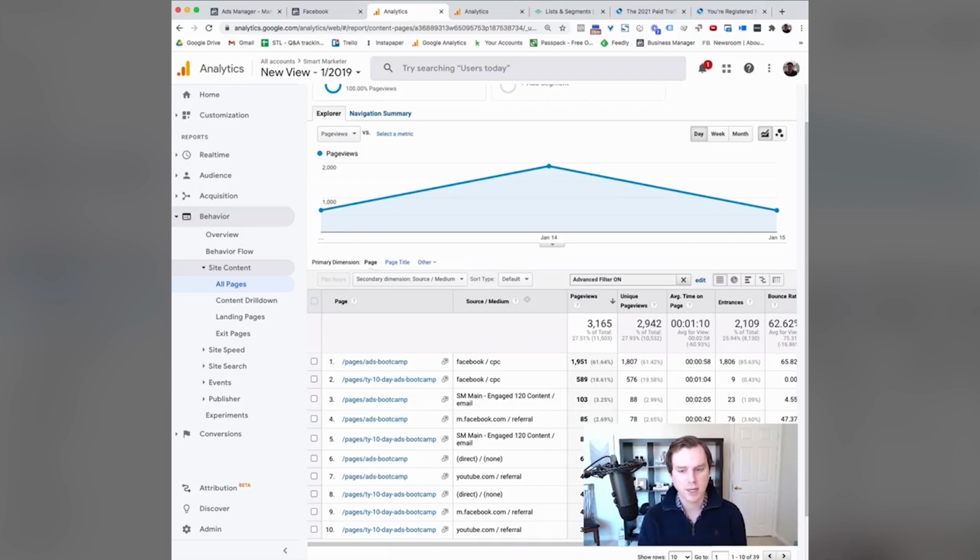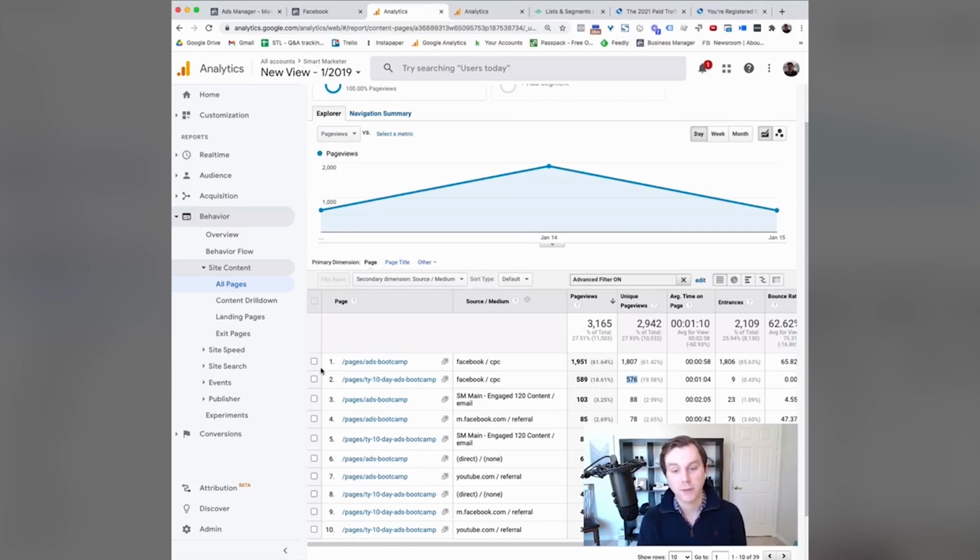But we can use this to calculate what the opt-in rate is. And so for Facebook, the opt-in rate here is 576 divided by 1807. So it's about 32%. For the email content instead, it's way higher, 76 divided by 88. But these people were visiting a blog post that had a CTA linking over to this opt-in page.